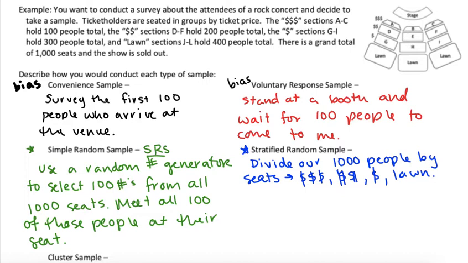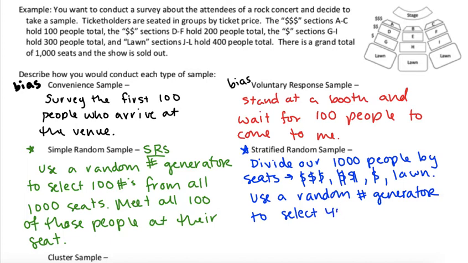Okay, so from those, we're going to use a random number generator to generate and select, and I'm going to go proportional here. So I'm going to do 40 from lawn.